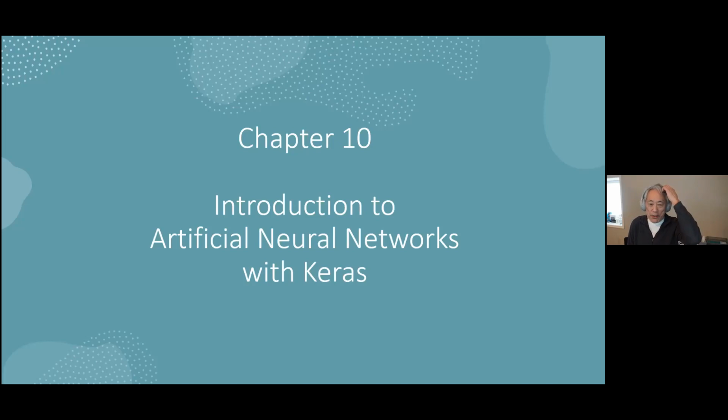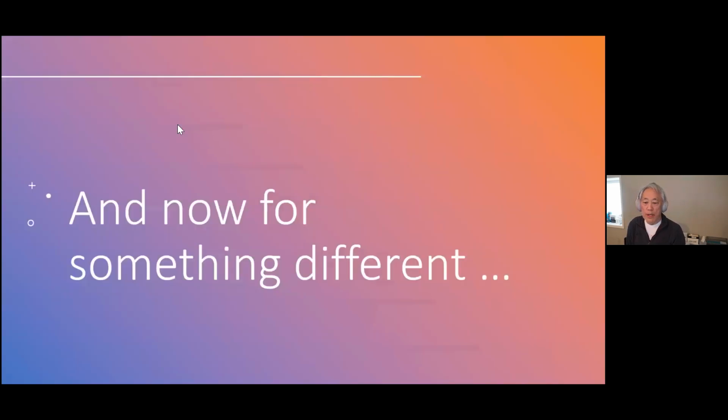So anyway, we're going to start with chapter 10, and this is Introduction to Artificial Neural Networks with Keras. So let's go ahead and get started with that. Okay. As Ted kind of mentioned, we're transitioning from chapters 1 through 9 to something a little different.